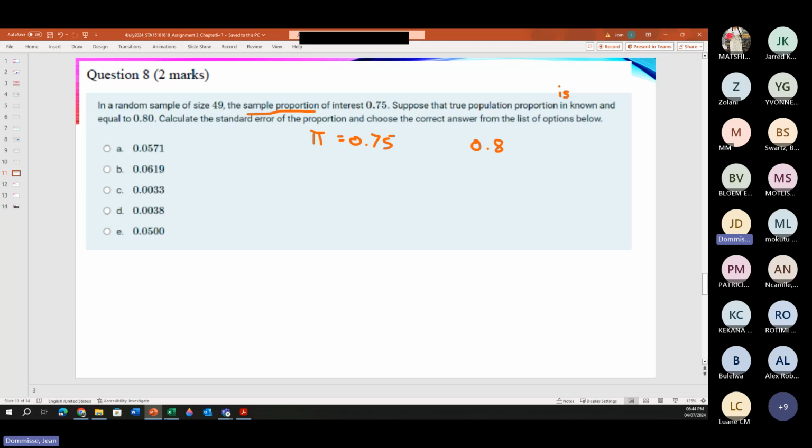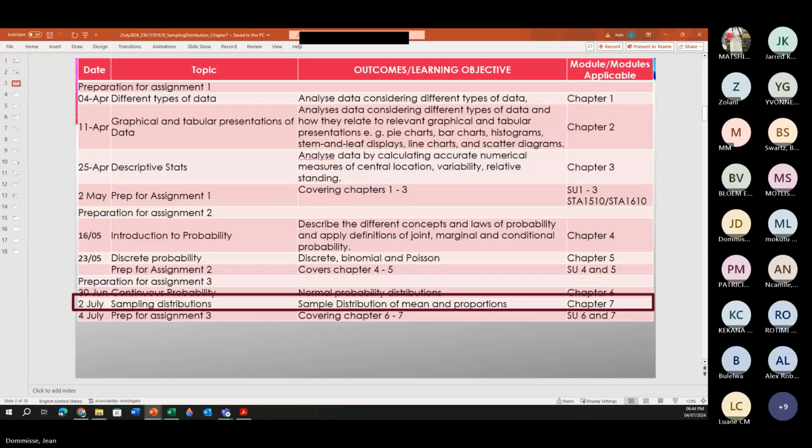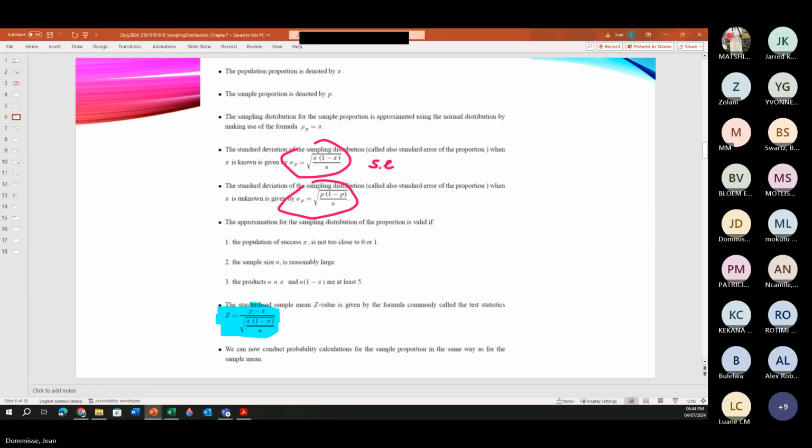Okay, so I just quickly want to open our presentation of Tuesday, where we had that formula in. The standard deviation of samples when the population proportion is known, and then the other one is the sample proportion.